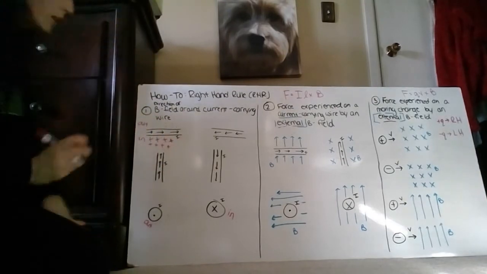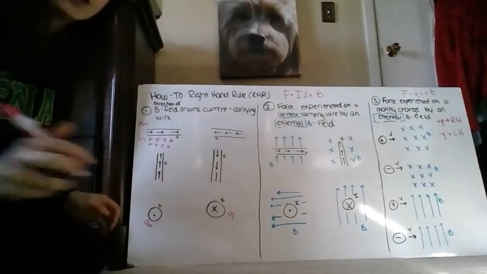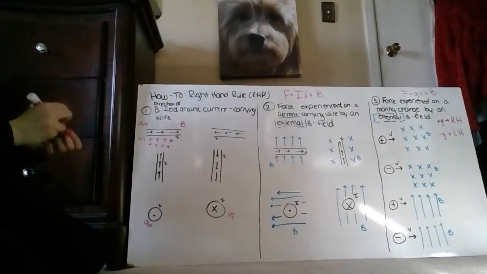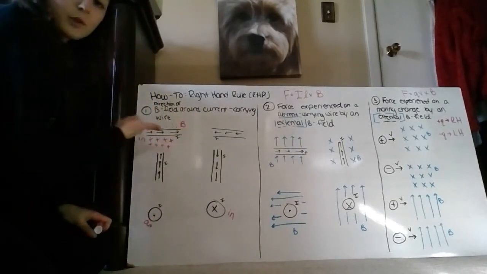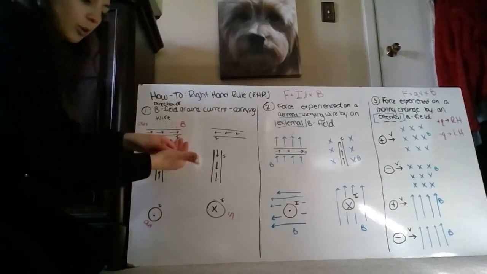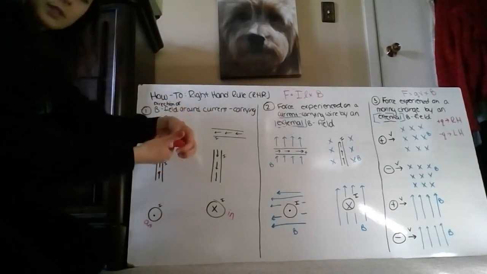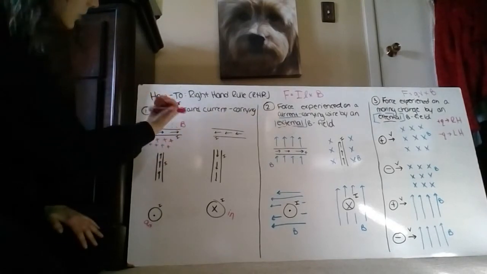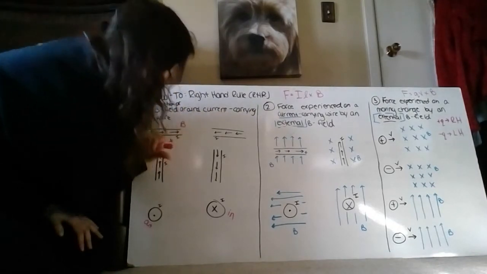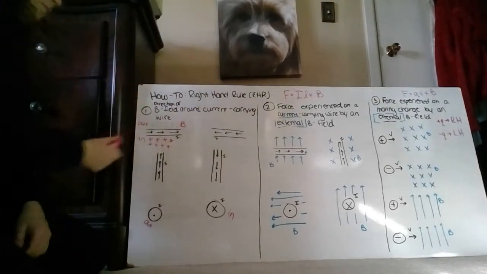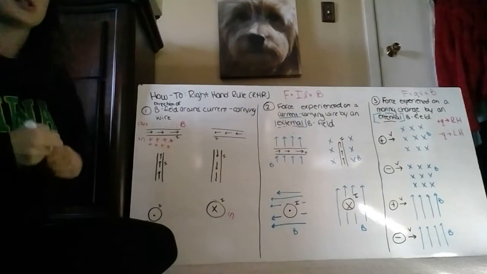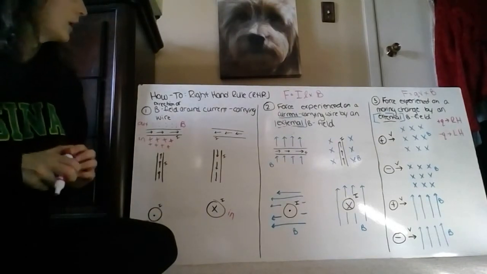I'm going to write B to show that this pink color represents magnetic field. As a reminder, thumb goes in the direction of the current. Above the wire, magnetic field is coming out, and below the wire, magnetic field is going into the board. That shows us the direction of the magnetic field around that wire.